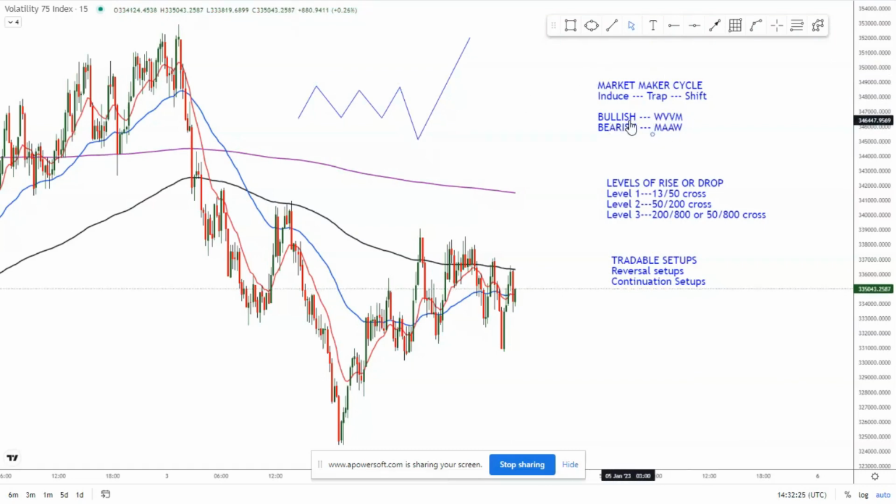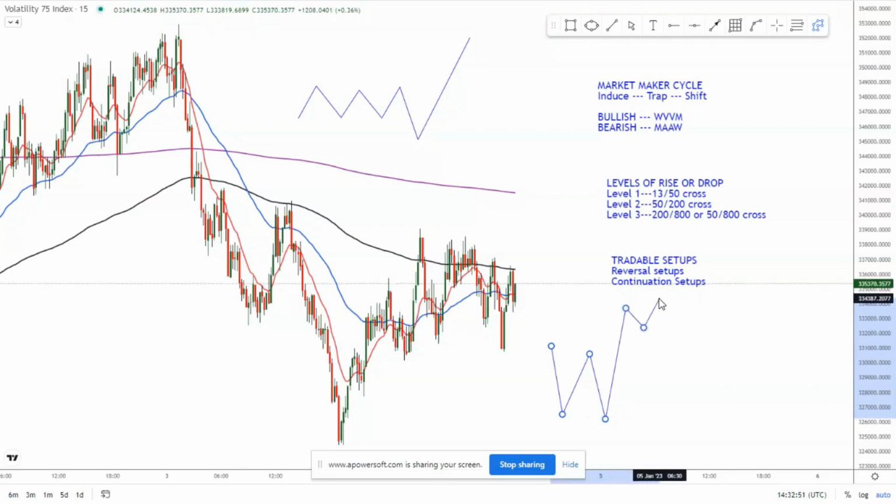And then it says for the bullish market, we have a W. So we have W's or peak formations: a peak formation high and a peak formation low. Now a peak formation low could be, let's say, a W. Most times it doesn't necessarily mean the market is having equal legs. No, but we can have a day of rise, and then we consolidate, then we get a V. For a bullish market it's WVVM.